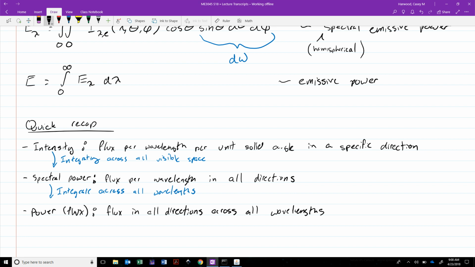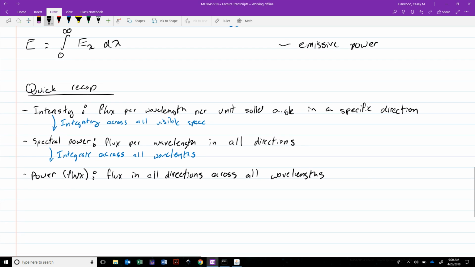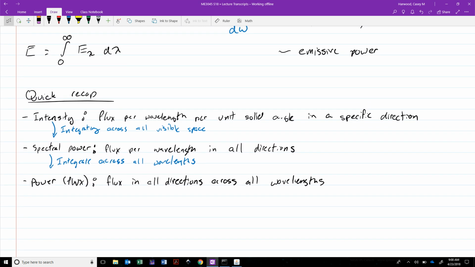When we get into irradiation, it would be spectral irradiation intensity, spectral irradiation power, and irradiation power. So hopefully I have not just confused everybody into a total stupor. It's kind of dense stuff.